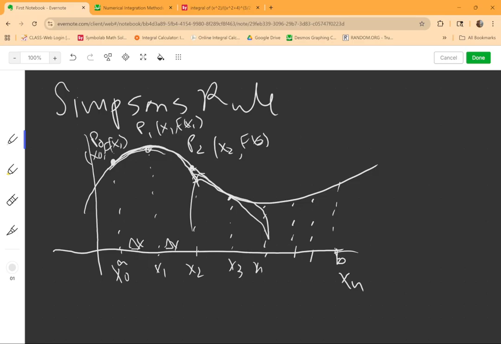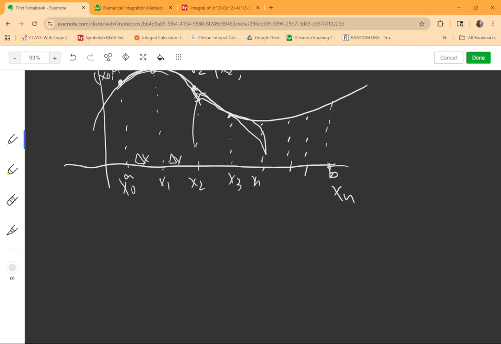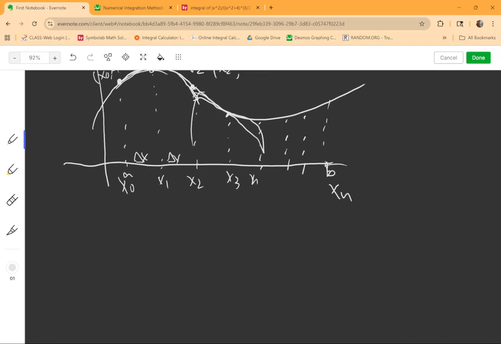I won't go through the exact proof here. There's a breakdown of it in our textbook, but the idea is that it's a parabola, so essentially it's an integral that can be done using simply the power rule.